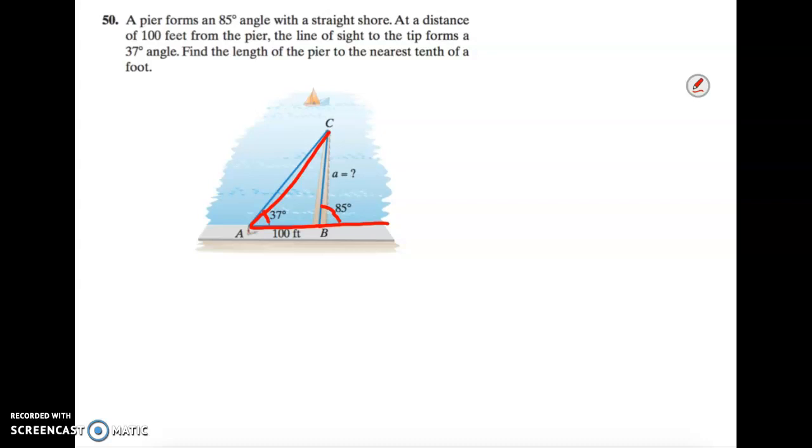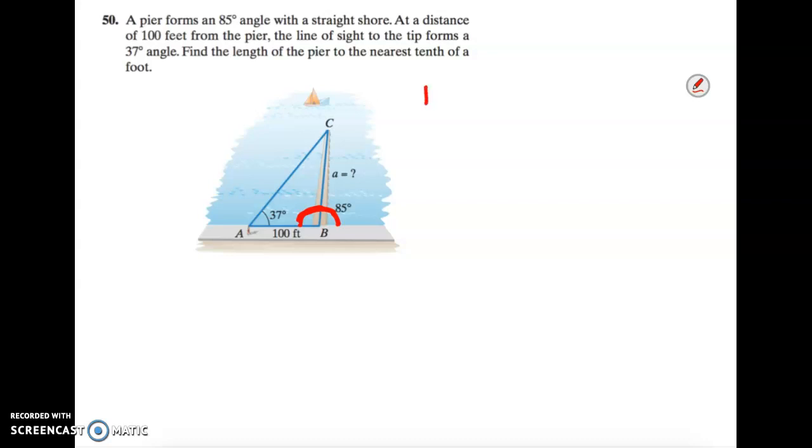So we're looking for this distance right here, A. And we're going to use the law of sines. So let me just go ahead and delete that out. And I'm going to start by finding this angle in the triangle. Well, these two angles right here add to 180 degrees. They're linear pairs.